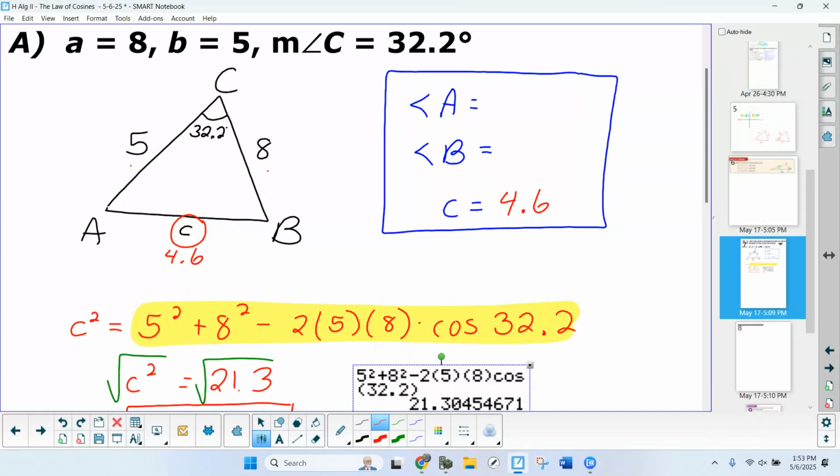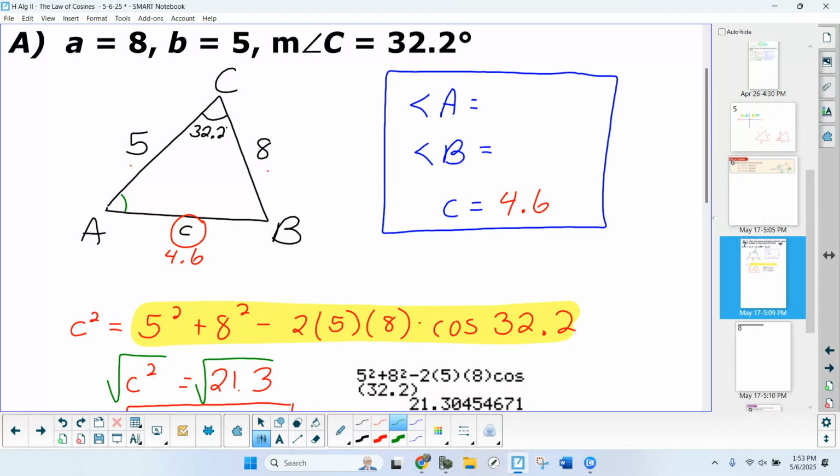What's my biggest side? Well, I have 5, I have 8, I have 4.6. So do not use the law of sines to find angle A, because the law of sines will always give you the acute angle and not the obtuse one.